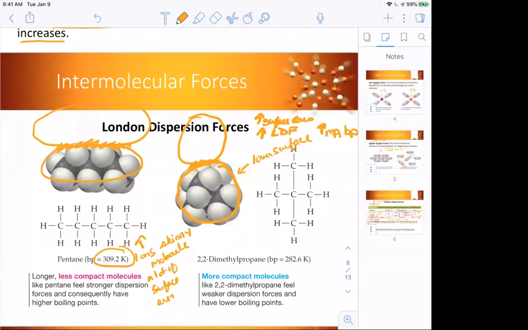So notice in this pentane, which is long and skinny and has more surface area, the London dispersion forces are larger. I have a larger boiling point than in this molecule, 2,2-dimethylpropane, which is branched and much more compact. So that experiences weaker London dispersion forces, and it has a lower boiling point as a result.